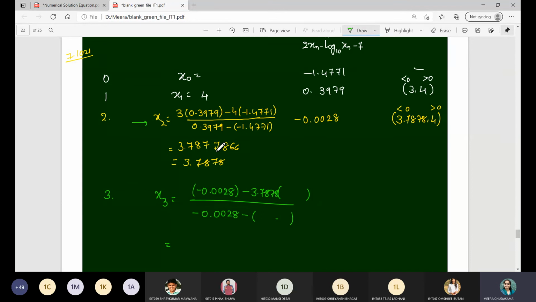So it corresponds to 4 and this 2 consecutive. So 4 into that one minus 3.7878. It will be this one, 0.3979. Here also it will be 3979. Sorry, I am extremely sorry.